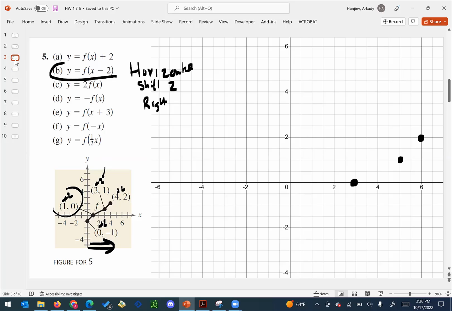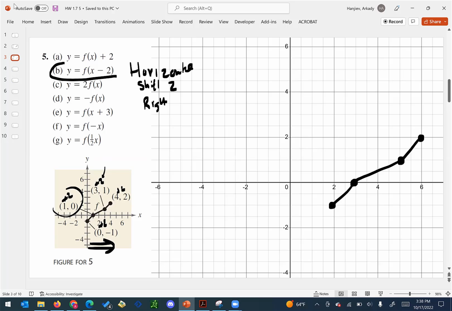And 0, -1 now rests at 2, -1. Okay, so the form should be exactly the same, as it's like a diagonal down, slightly less diagonal, and then again diagonal down. Label these points as we have them. Hopefully you guys know what those numbers are. Those are all 6, 2, 5, 1, 3, 0, and 2, -1.